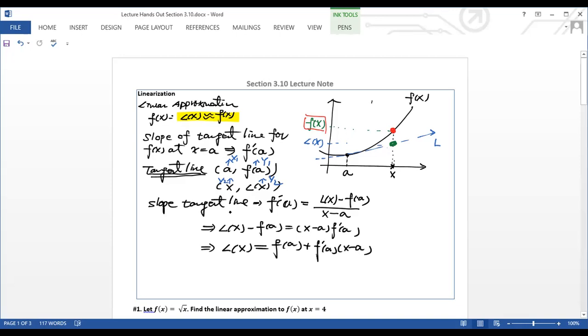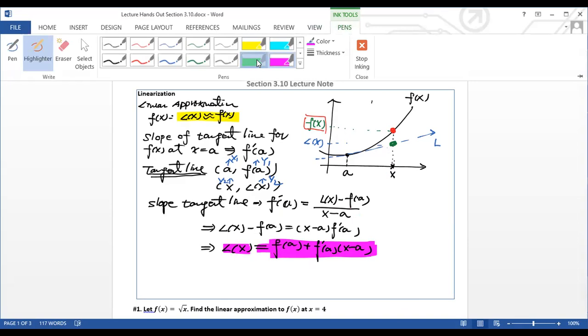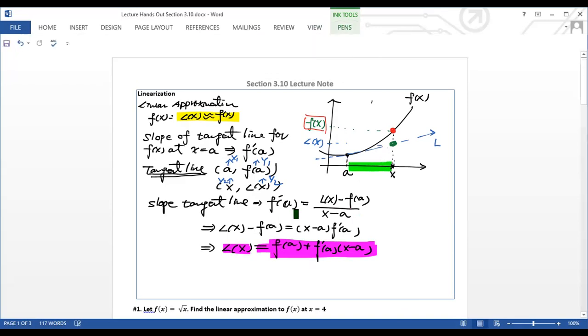All right, so this is how you find the linear approximation for the function: f of a plus f prime a, and then it depends on how far the distance is between a and x, so it's x minus a.